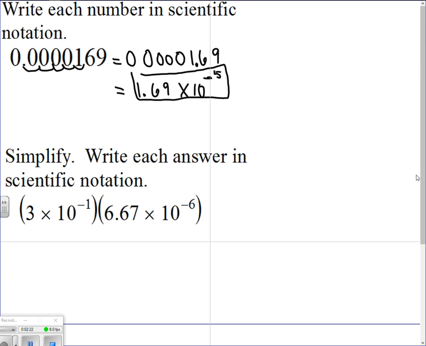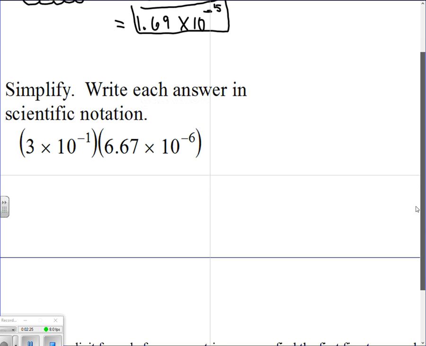Now, the next problem is multiplication. The way you do it is first you multiply this times this. So I'm going to do 6.67 multiplied by 3. 3 times 7 is 21, 1 and carry 2. 3 times 6 is 18 and 2 is 20, 0 carry 2. 3 times 6 is 18 and 2 is 20.